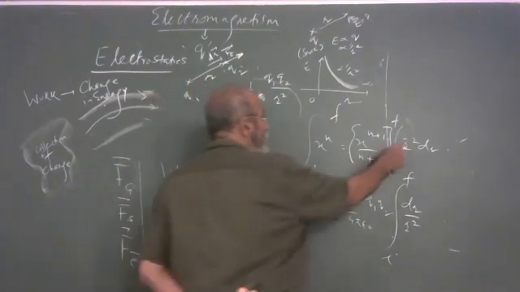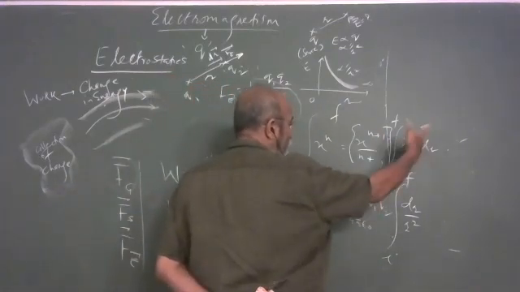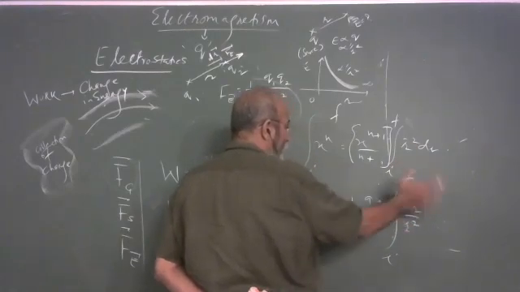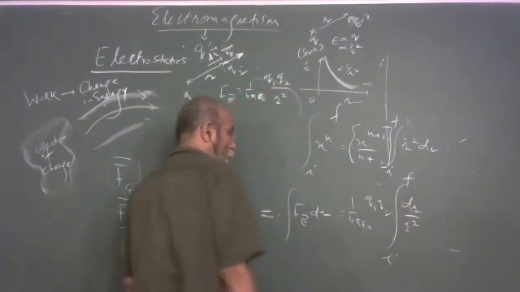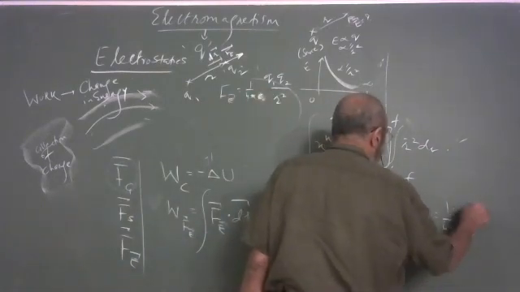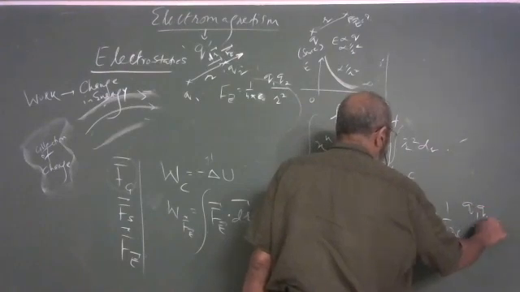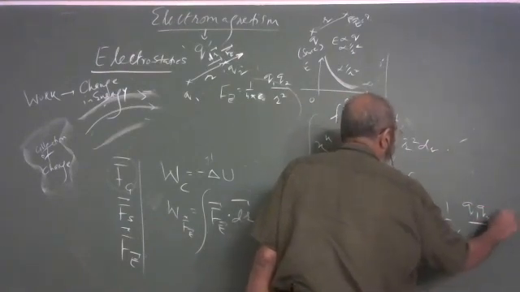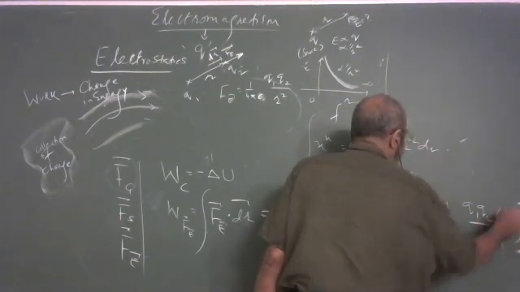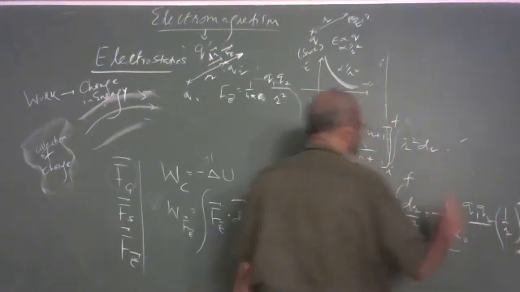R raised to minus 2 plus 1, I'll get minus 1 upon minus 1, so I'll get minus. So I get 1 upon 4 pi epsilon naught q1 q2 upon 1 upon R, initial to final, and I've removed the minus out.